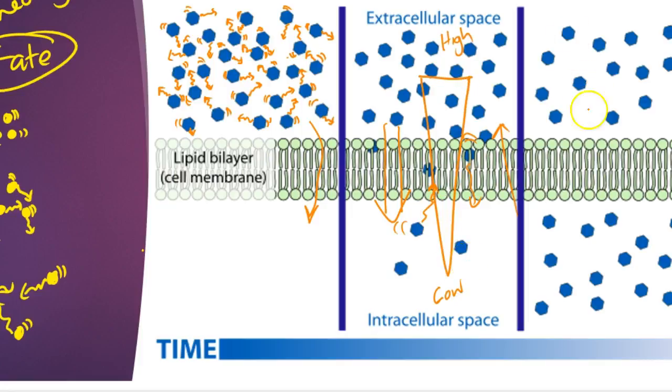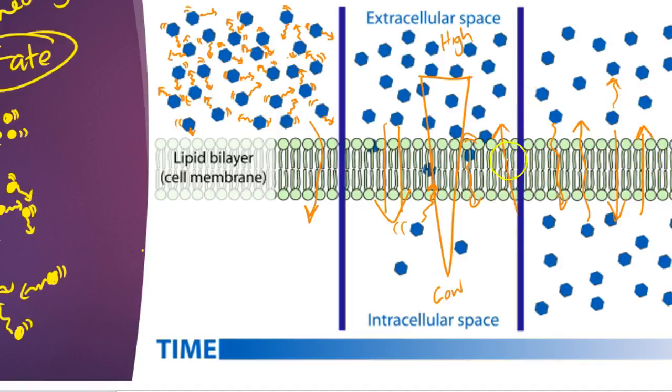Eventually, these particles will spread out to a point where they're even on both sides, which means, again, because they're bouncing around, some will be bouncing this way, some will be moving that way, and some will, again, be going out of the membrane as well. But because they're evenly distributed now, the amount in will be the amount out.